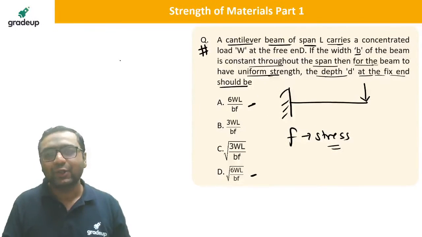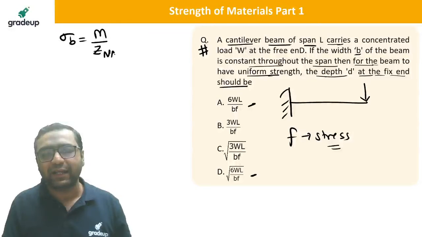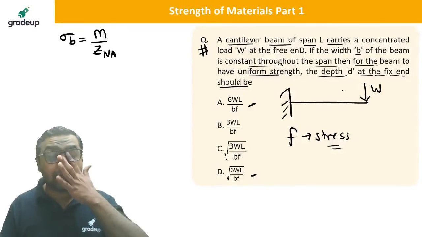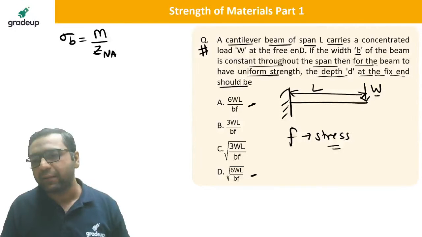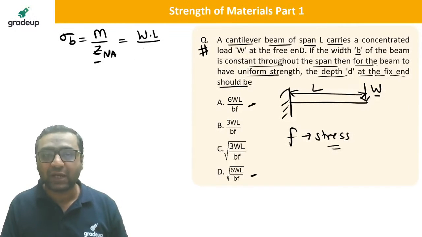Yes, guys. You know the expression for bending stress is given as M upon Z NA. If you see, this is the load W. If you take a section at L distance from the fixed end, the bending moment because of this will be W into L. And ZNA is generally given as BD square by 6.